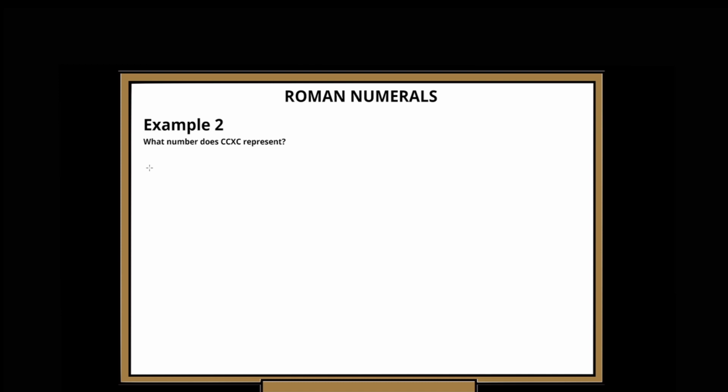That is a single C. And we're having two C's here, where CC equals 200, and then XC equals, remember that when we have a smaller number before the larger number, we subtract.